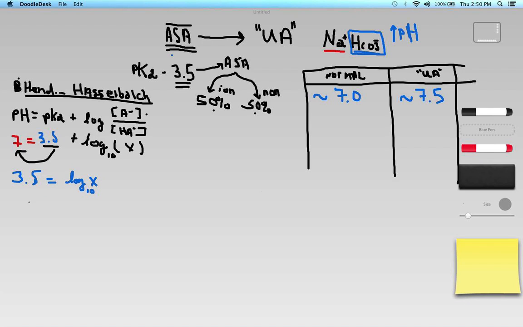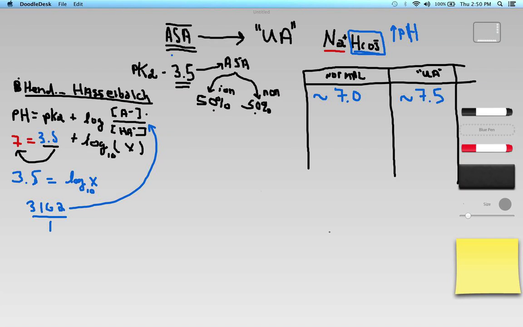In this case, it's approximately 3,162. So more or less, 3,162 over 1 is the solution to this ratio.